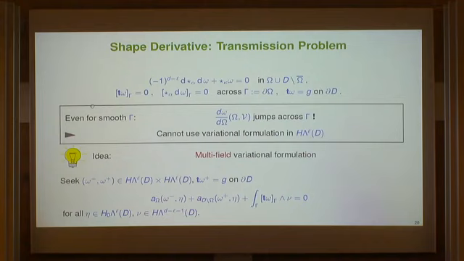And with this you can do shape calculus, because then you have this possibility of a jump in this space. We got separate Sobolev spaces inside and outside. And this is what has to be done here to get a meaningful variational problem for the shape derivative.